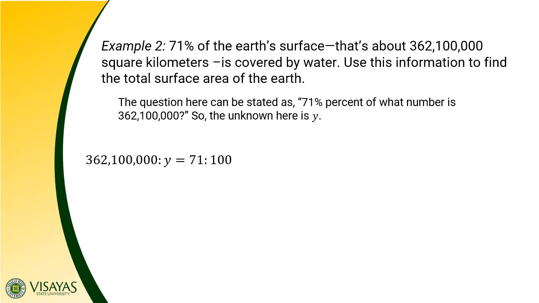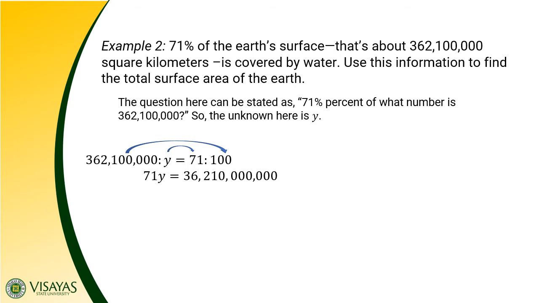Meaning, 71% of the Earth's surface, out of 100%, is covered by water. Okay? And again, to solve the proportion, you just have to multiply the means and the extremes. We have here y times 71 is 71y, and 362,100,000 times 100 is 36,210,000,000.